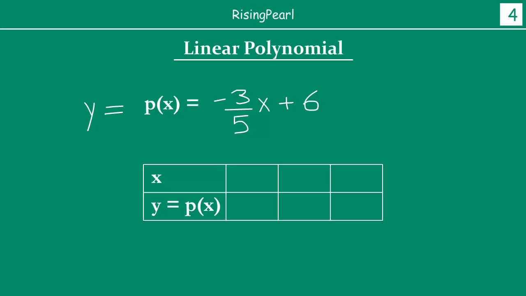We are trying to get whole numbers for both x and y, so it's easier to plot those graphs. So in order for me to have whole numbers, I need x to be a multiple of 5, like 5 times k, where k equals 1, 2, 3, etc.